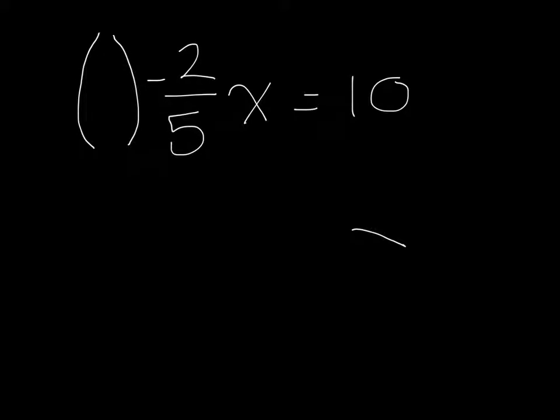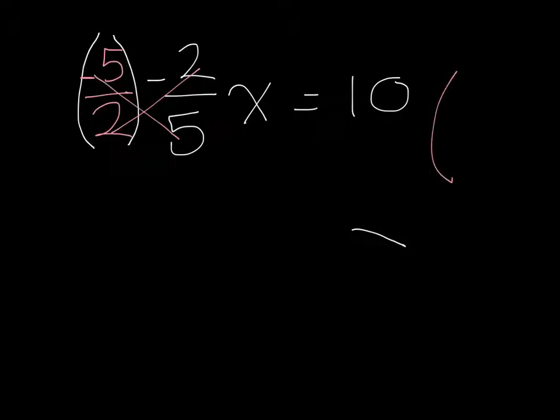So the reciprocal is when you flip the fraction. So the reciprocal of negative 2/5 would be negative 5 halves. So by doing that, if I multiply these fractions, I'd end up with 10 over 10, which ends up becoming 1.